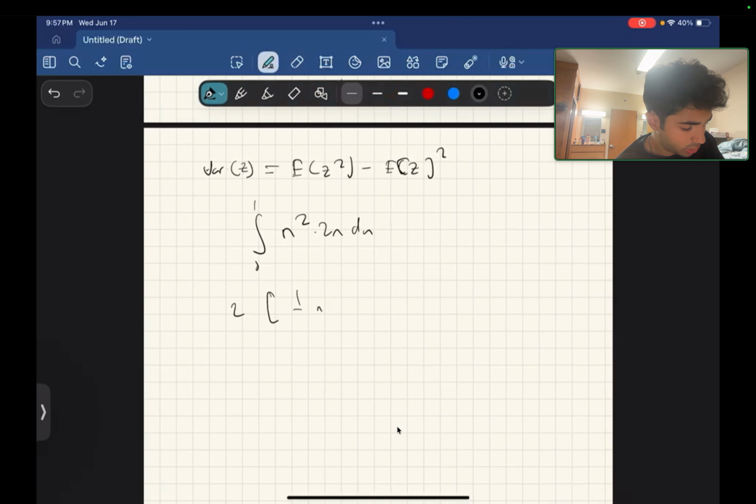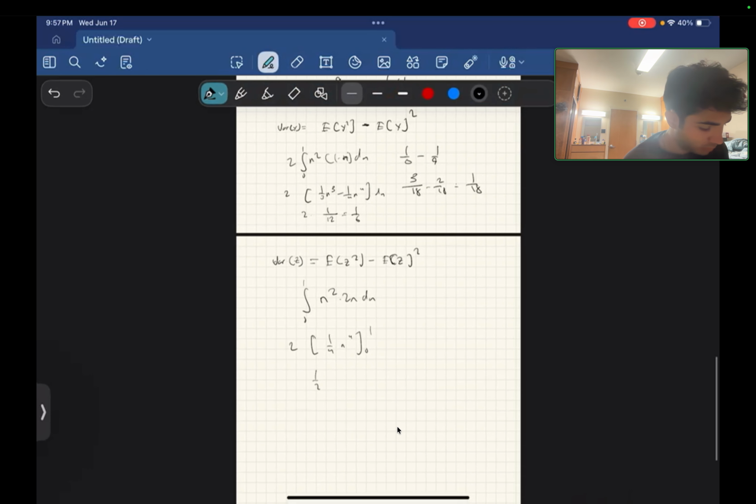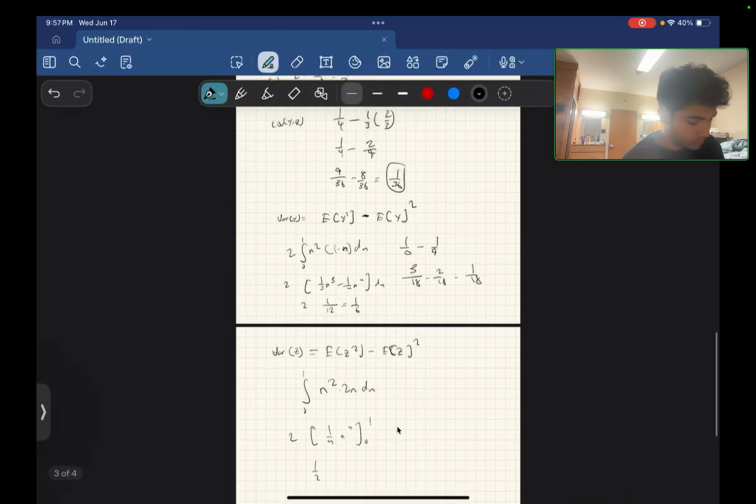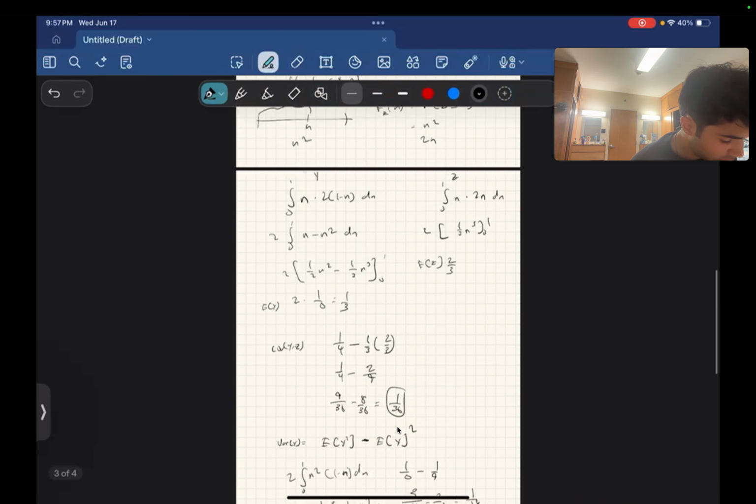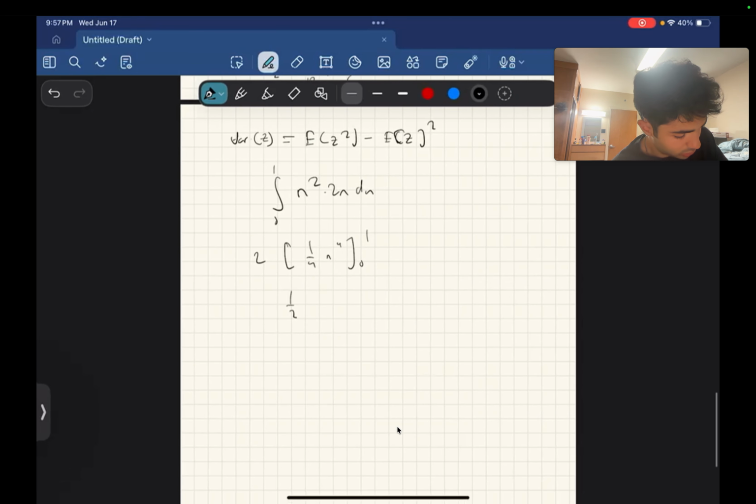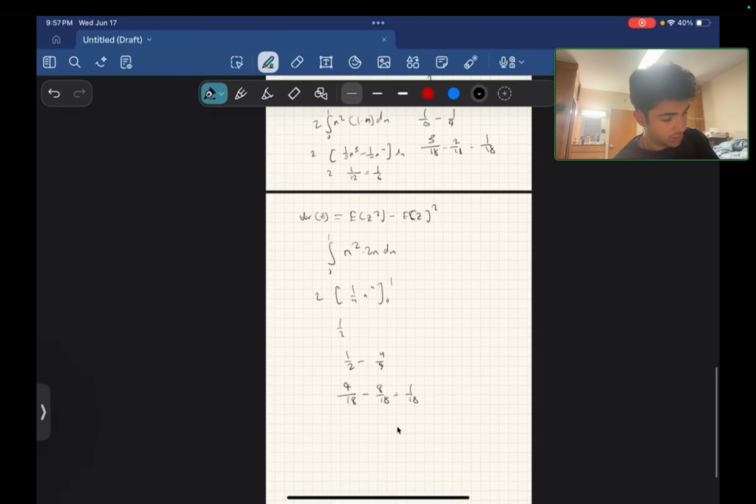Wait, no, n cubed gives 1/4 n to the power of 4 from 0 to 1. So here's 1/2. And then the expectation of z we said was 2/3. So 1/2 minus 4/9, and 9/18 minus 8/18 is 1/18.